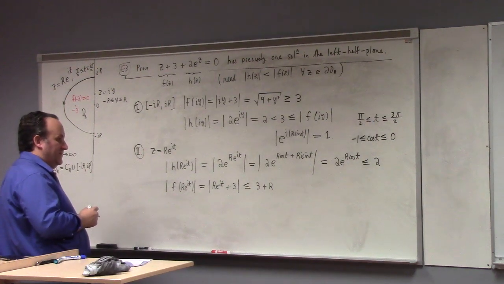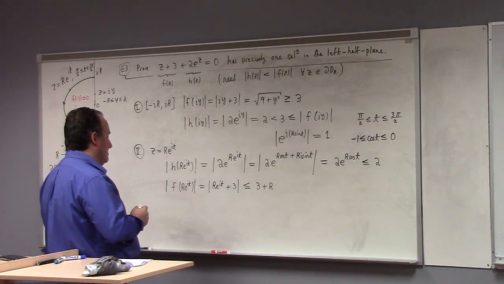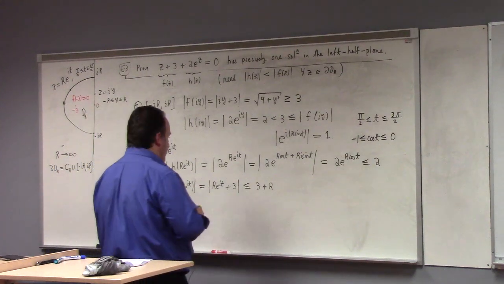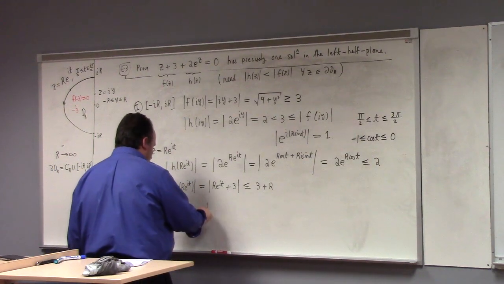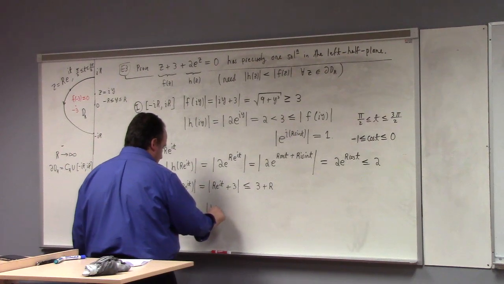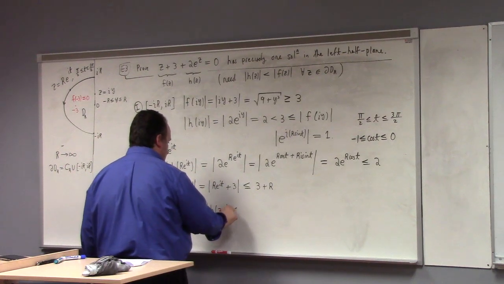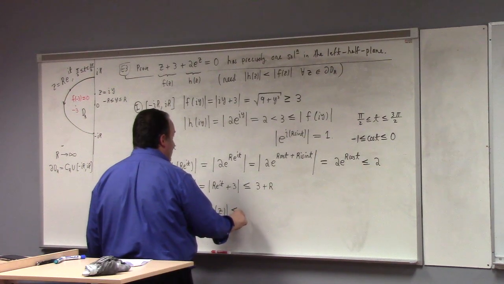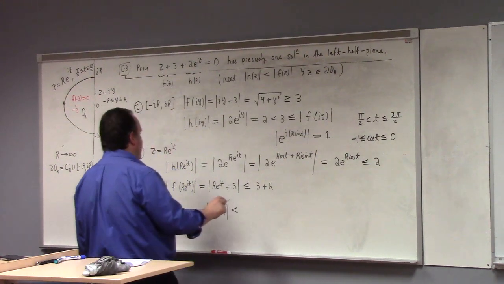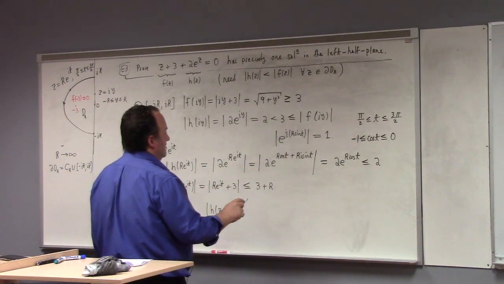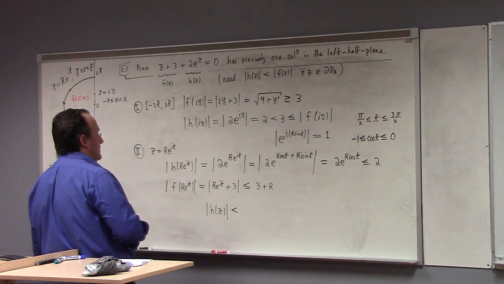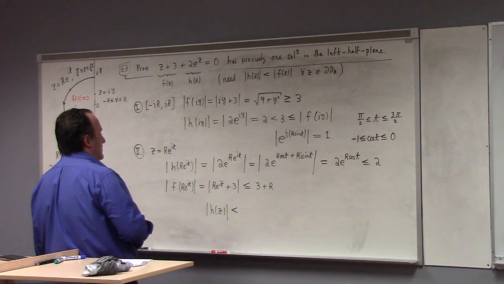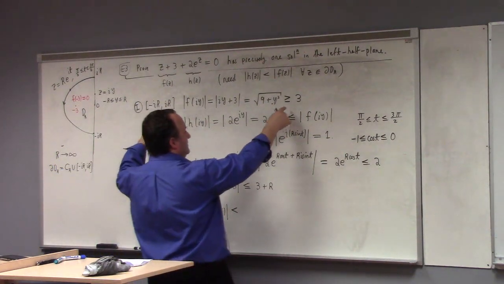Now here I got to be careful. So I need the modulus of h of z, right, to be less than, so I think the previous, notice I have a greater than here.